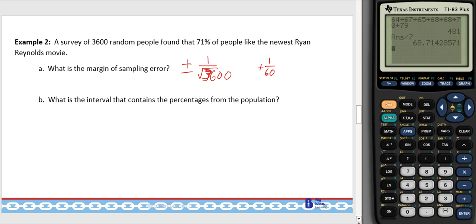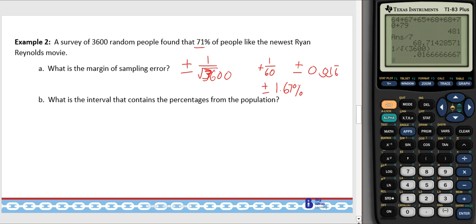In reality, I would probably just type that original expression in, right? 1 over the square root of 3,600. So we get plus or minus 0.016 repeating. And because this is a percentage, we would want to change this to a percentage. So we get a plus or minus 1.67%.